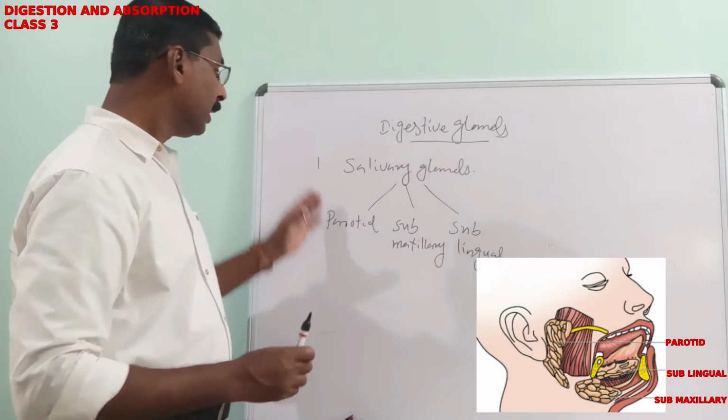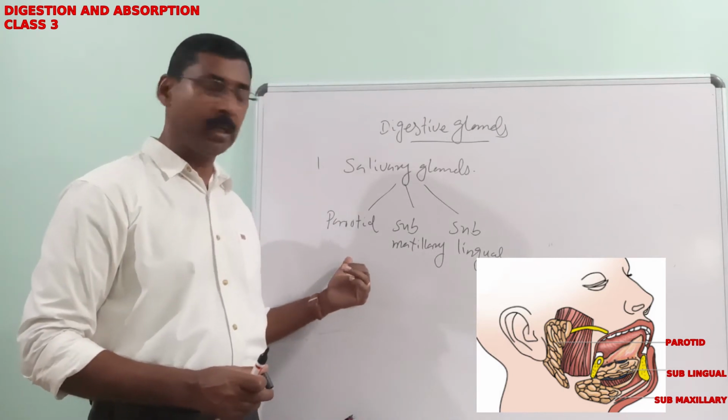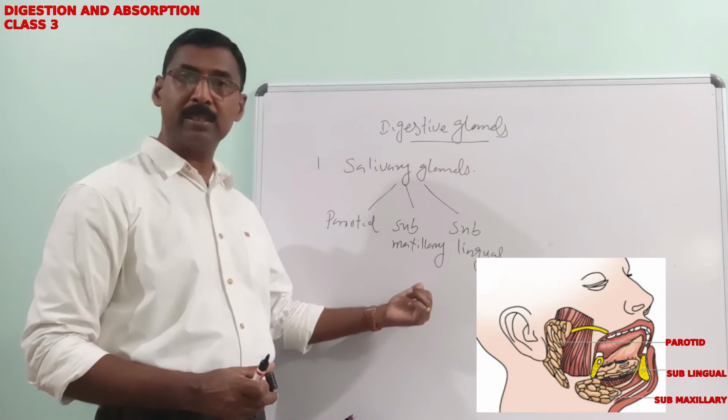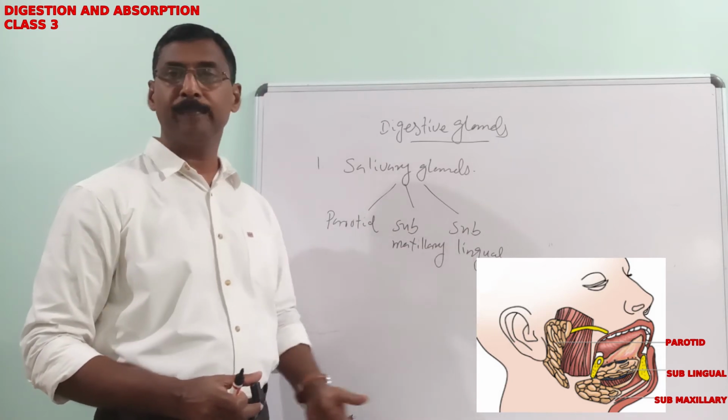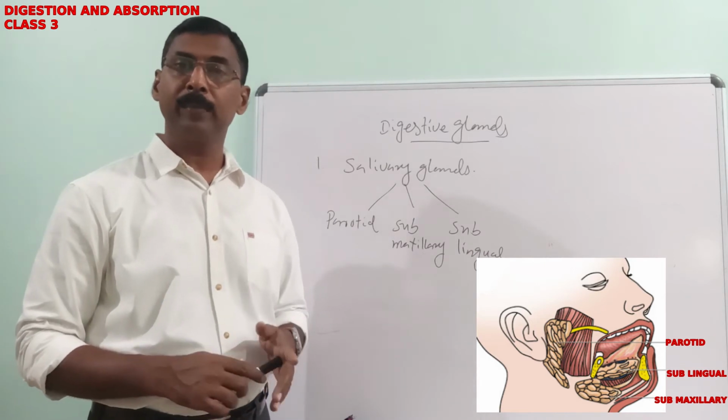So these are the 3 pairs of salivary glands: a pair of parotid glands, a pair of submaxillary glands, and a pair of sublingual glands. So these are the salivary glands.